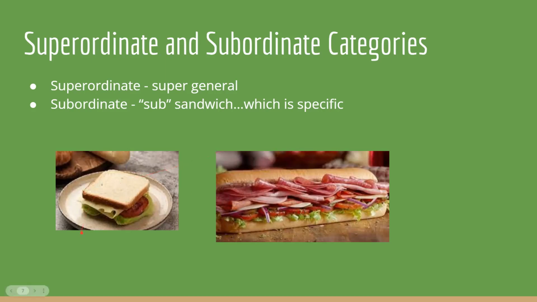So this may be the most general sandwich that you can think of. But subordinate, this is a more specific sandwich. We got an Italian Subway sandwich. So same thing for a car. You might just say car for superordinate, but for subordinate, you might say 2001 BMW 325i station wagon.